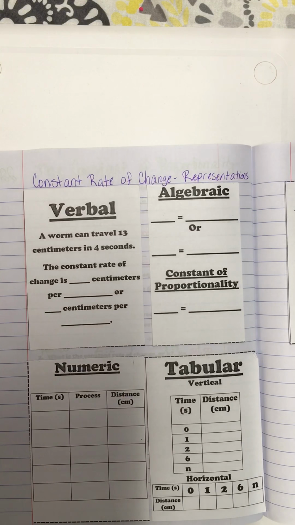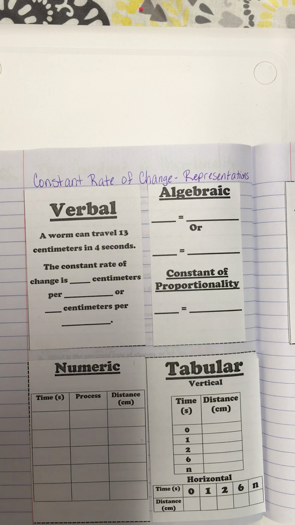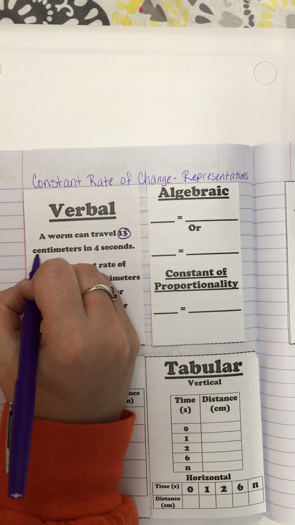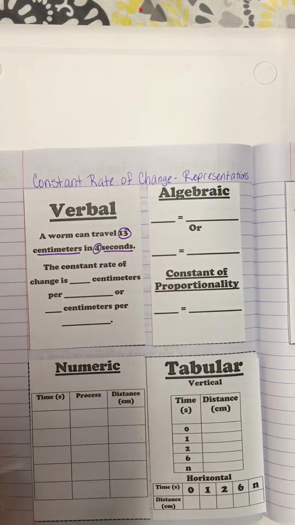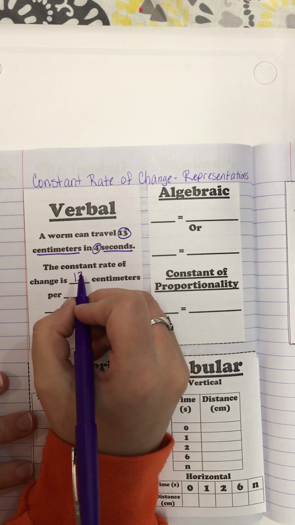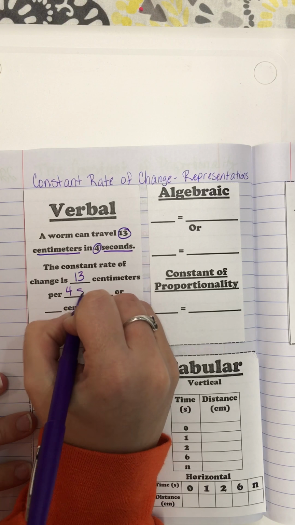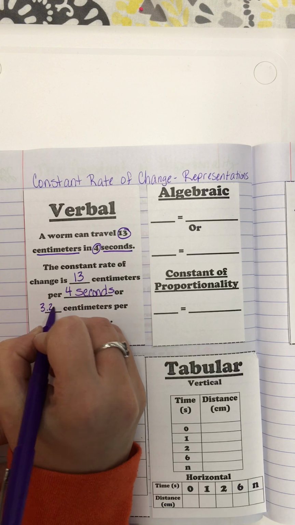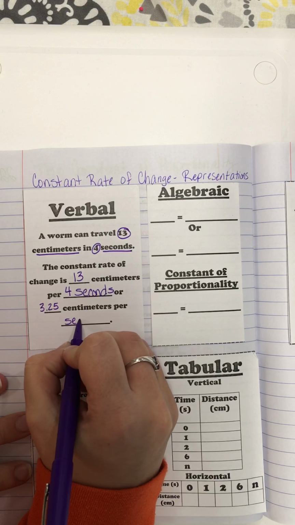Okay, so here's your word problem. That's your verbal representation. A worm can travel 13 centimeters in 4 seconds. So the constant rate of change is 13 centimeters per 4 seconds, or 3.25 centimeters per second.